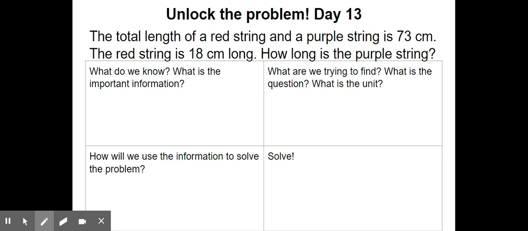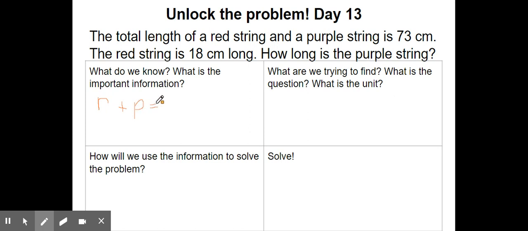Now let's take a look at our organizer and see what we can fill in. The first box says, what do we know? What is the important information? So we know that the red string and the purple string is 73 centimeters. So I'm going to write an R for red, plus P for purple, equals 73.